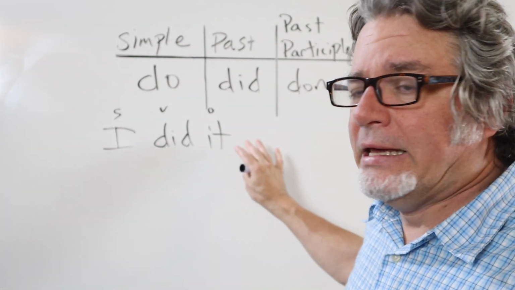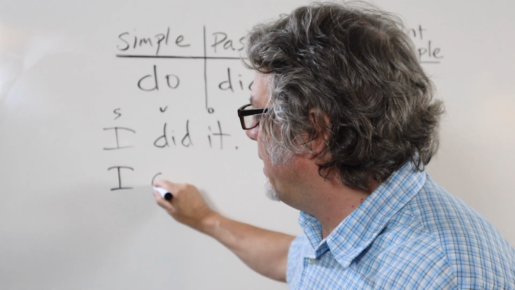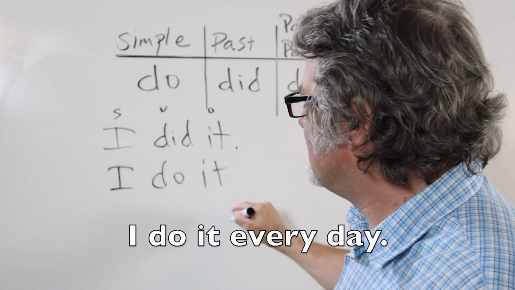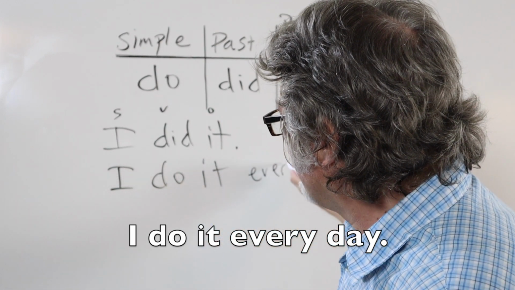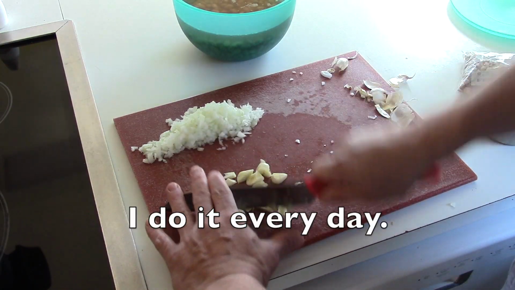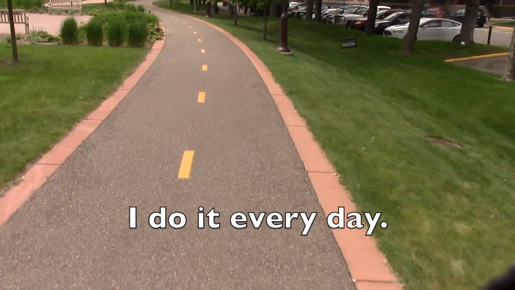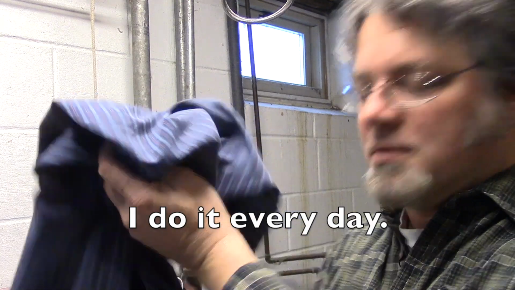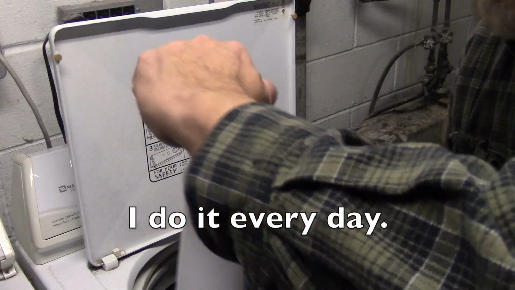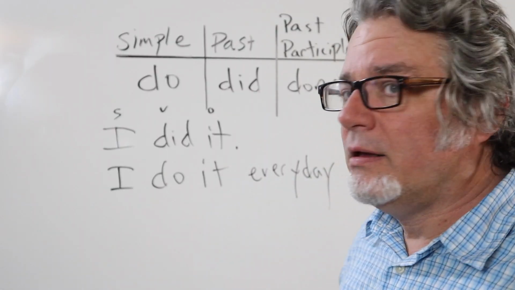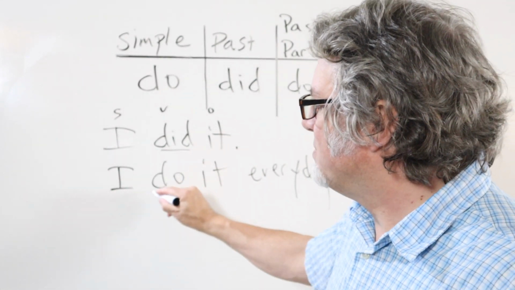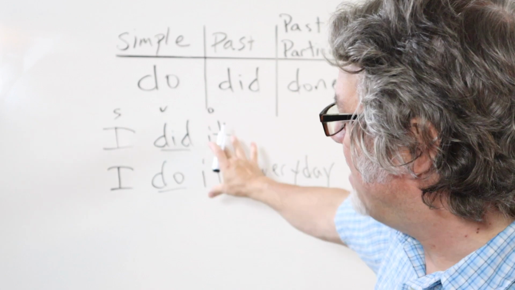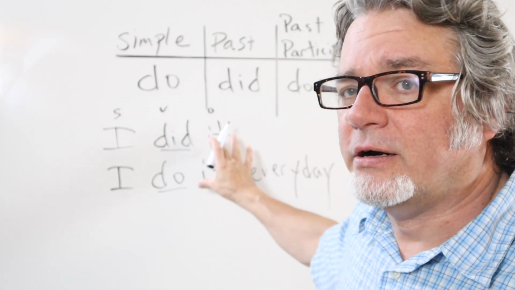So I did it, or I do it, whatever this is, every day. Laundry detergent. If you use the verb do as a main verb, you have to have an object here.